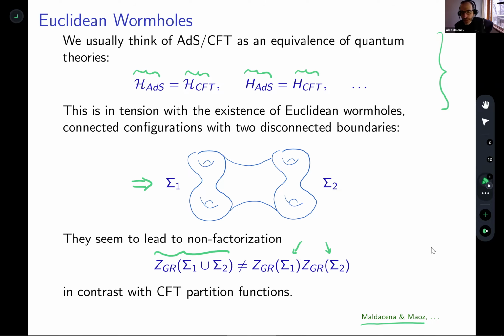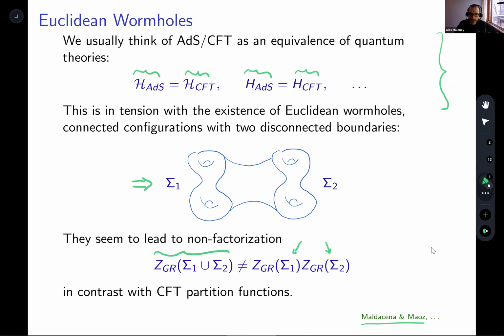Whereas if you think about conformal field theories, in Euclidean signature, it's practically part of the definition of a conformal field theory or a quantum field theory that the partition function on two separate Euclidean surfaces, Euclidean geometries, should factorize.